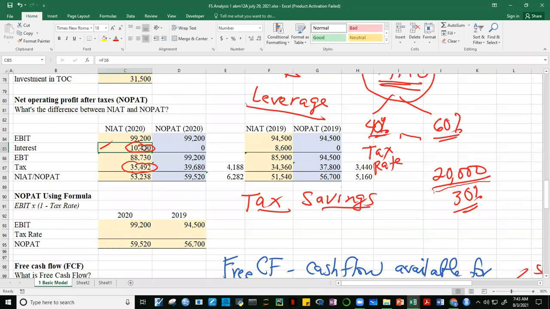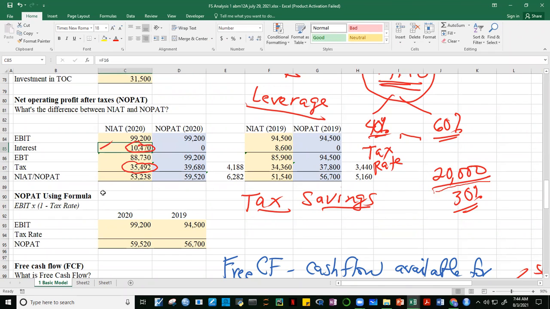Imagine, I gave an example before, say our EBIT is 99,200 and the interest expense is 1 million, it's wiped out. Our EBT becomes negative. So to assess the performance of management, we do not charge interest. Unlike net income after tax, where we include the interest.